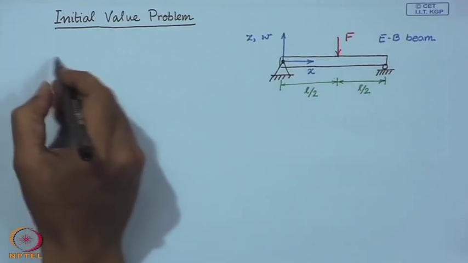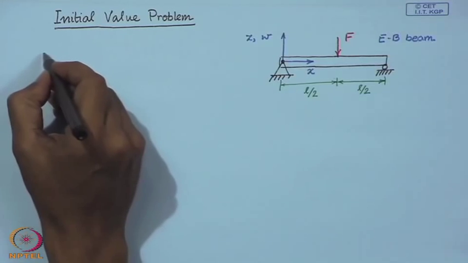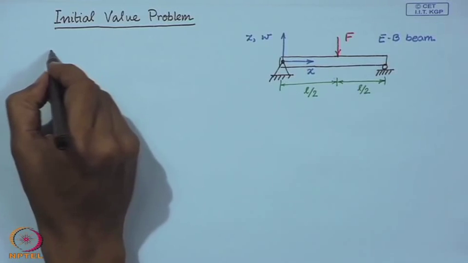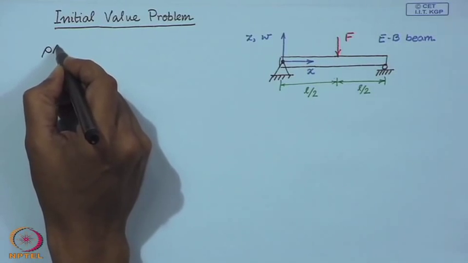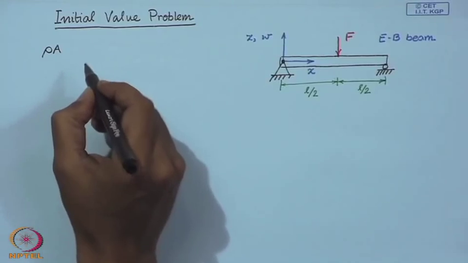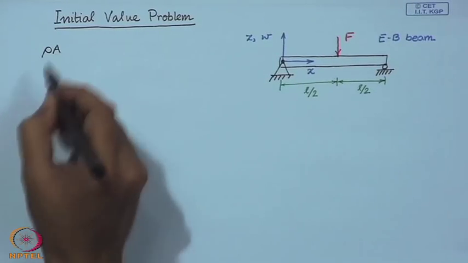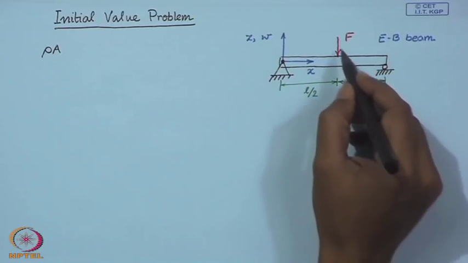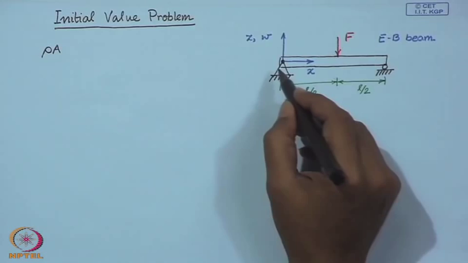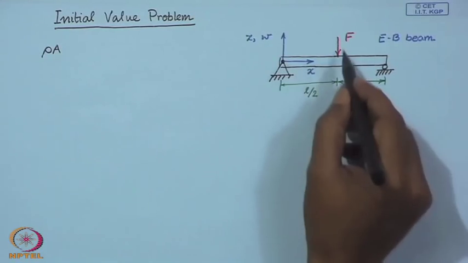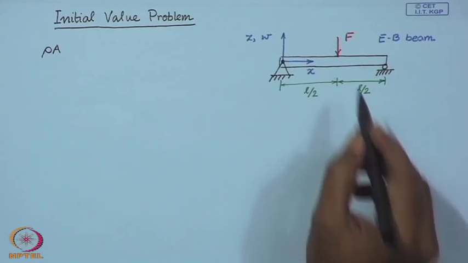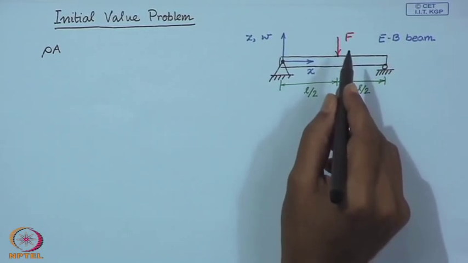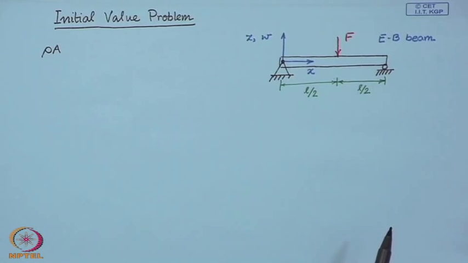Let me write down the equations. The problem that we are going to address is that initially this beam is deflected under the action of this constant force F applied at the center of the beam, and at time t equal to 0 this force is switched off.